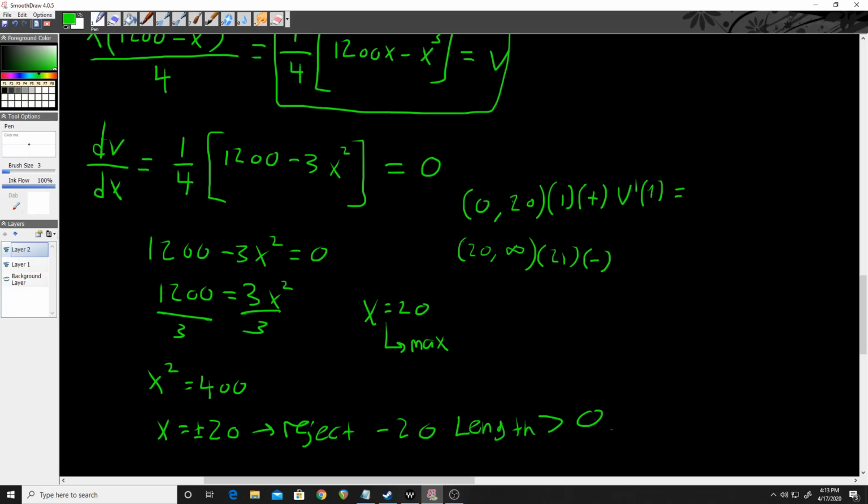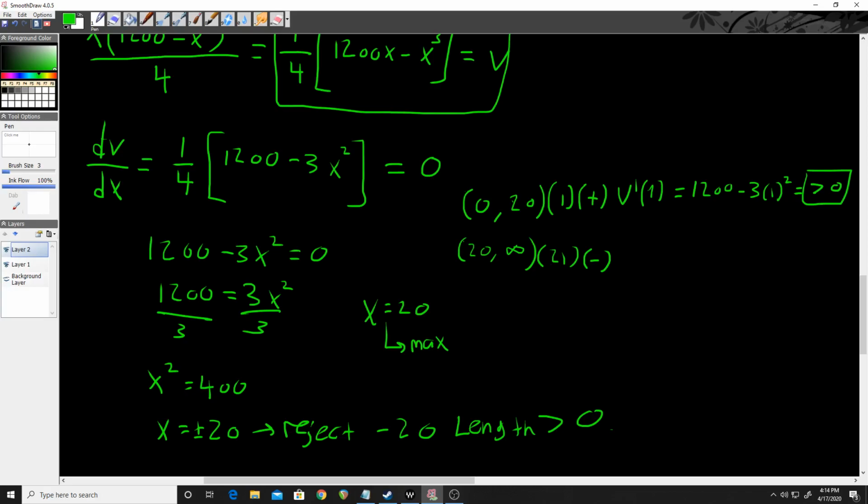I want the slope to be positive to the left of 20. So 1/4 is positive. 1200 minus 3 times 1 squared. 1200 minus 3, definitely positive. Definitely bigger than 0.